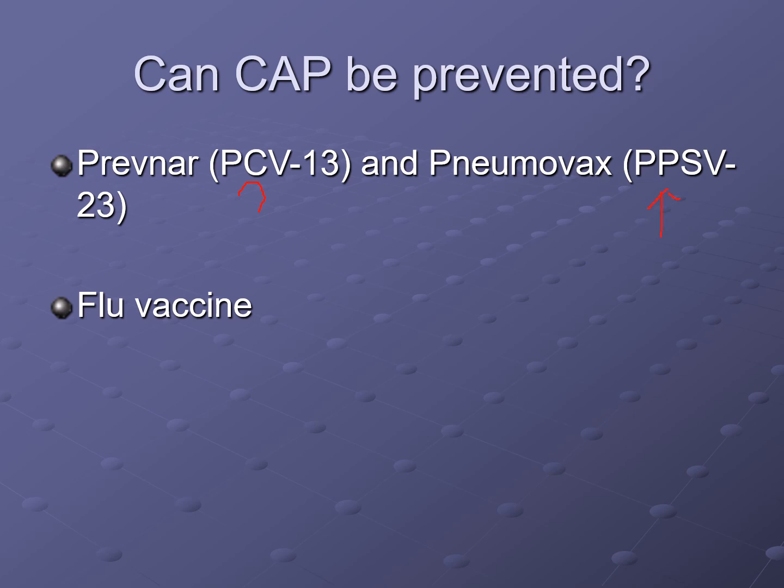So the polysaccharide pneumonia vaccine is the so-called Pneumovax, which is the 23. The conjugate vaccines are actually considered to be a little bit stronger. Now, most kids are getting Prevnar PCV13. We usually reserve Pneumovax for older people. When someone turns 65, we're now giving them the Prevnar, and then the Pneumovax usually a year later.